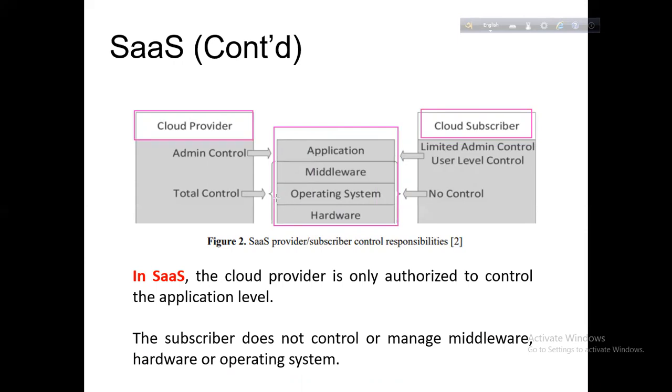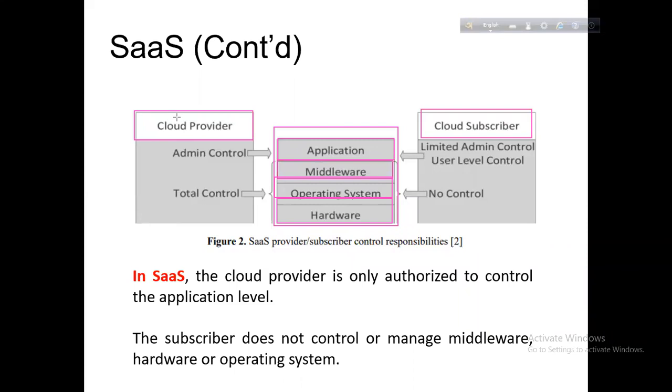We have hardware on the bottom layer, then the operating system, then some middleware, which is some sort of middle layer that connects or communicates with the applications. Sometimes it can even be virtualization software as well.